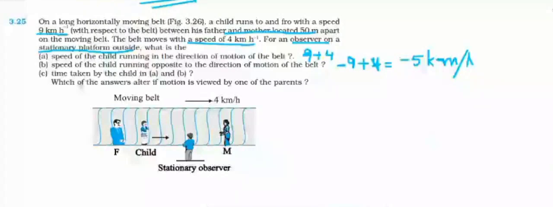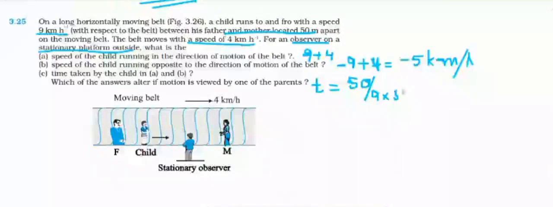Then next, time taken by the child. When you think about time taken by the child, you just need to see what is the distance traveled by the child and what is the speed of the child. So distance traveled by the child is 50, and time is equal to distance, 50, divided by the speed of the child, 9, in meter per second.